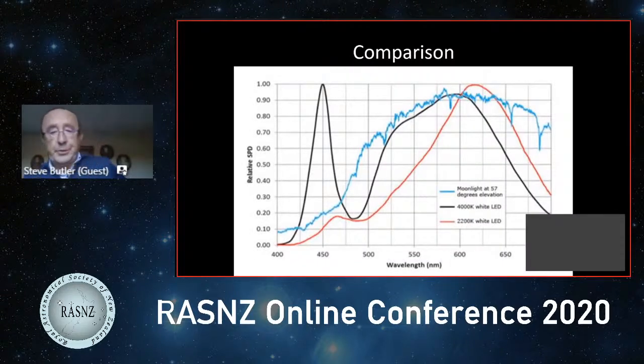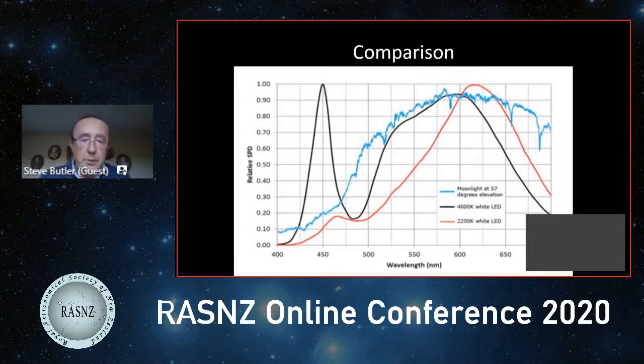This comparison chart has three light sources on it. The very broad dark line curve is the 4,000 degree Kelvin, which is pretty much equivalent to the New Zealand street lighting preference. This graph is showing the relative spectral power distribution at each wavelength of the light.